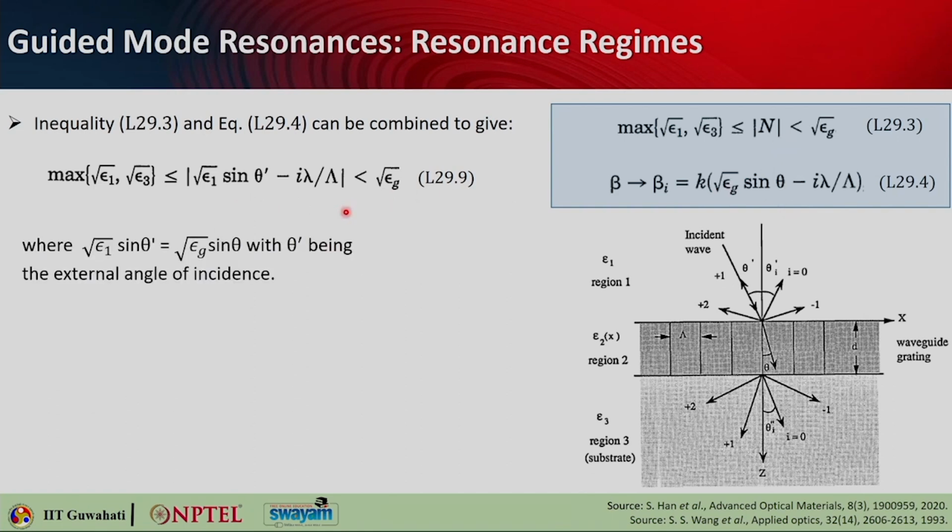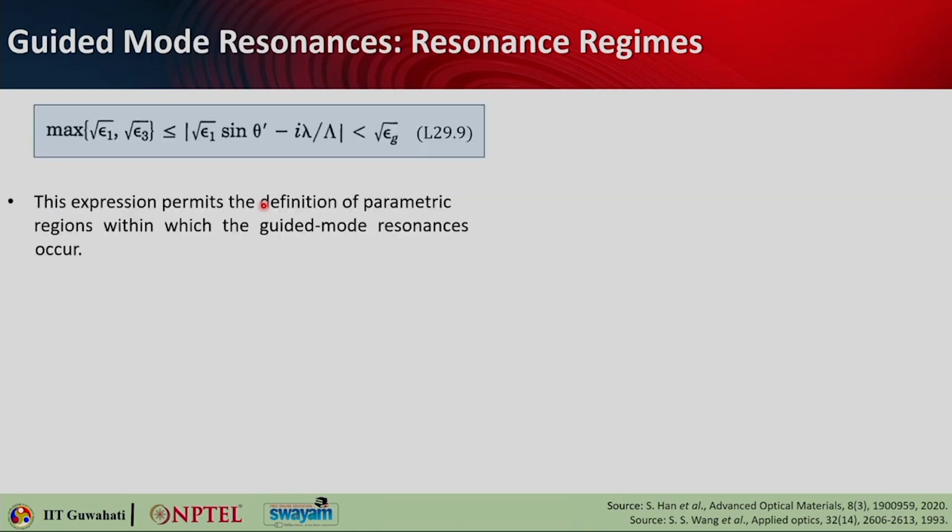Here you can also see that if you want to make square root of epsilon 1, that is n1 sin theta 1, equal to the refractive index of this one, that is square root of epsilon g sin theta. That way you will be able to make a range of the allowed angles for your particular device.